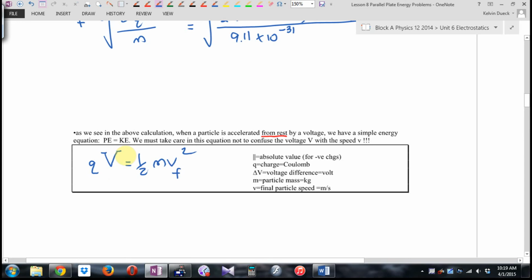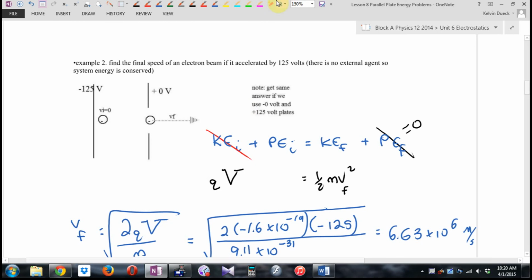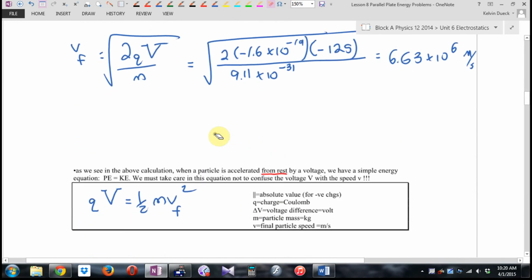We must take care in this equation not to confuse V with V. What if you're not at rest? Well, then up here you'd have a half mv squared there as well, and you'd have to do a little bit more math and crunching of numbers before you got the other V by itself. Okay?